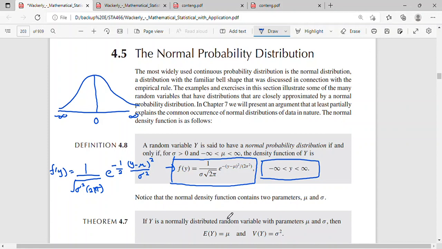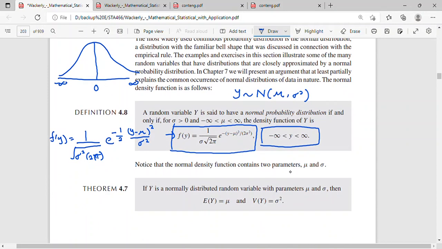Okay, so parameter untuk normal distribution ni actually adalah mu, mean dan juga sigma square. So usually kita akan tulis macam ni. Y normally distributed with parameter mean, mu dan sigma square for variance. Okay, so kalau ada nilai mu dan juga sigma square, we can replace dalam function di sini, right?